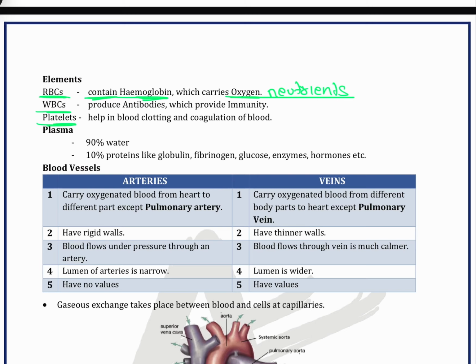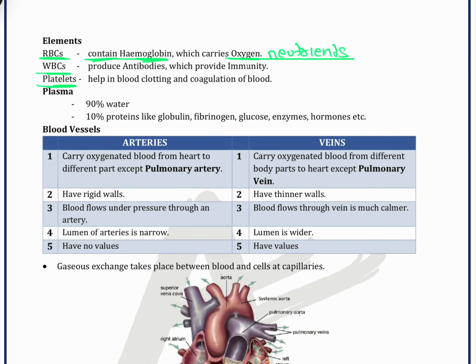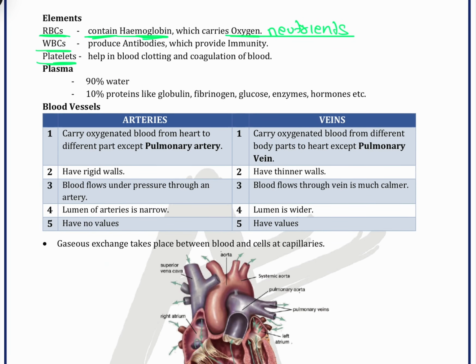If there is any cut on our body, platelets help us to clot the blood and stop the blood from escaping our body. Then plasma is 90% water and 10% proteins like globulins, fibrinogen, glucose, enzymes, hormones, etc.